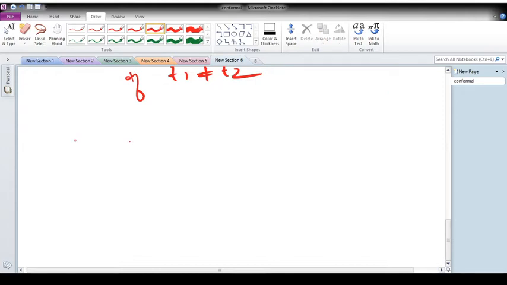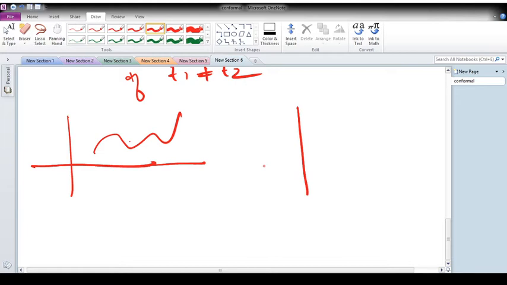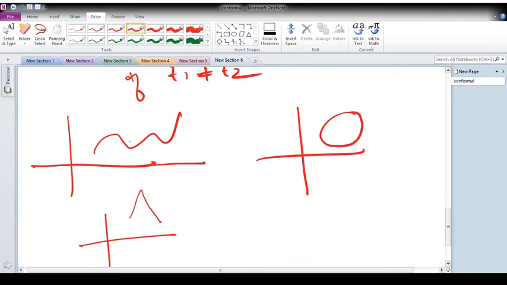So I will give some curves. This is a curve. This is a curve. This is another curve.